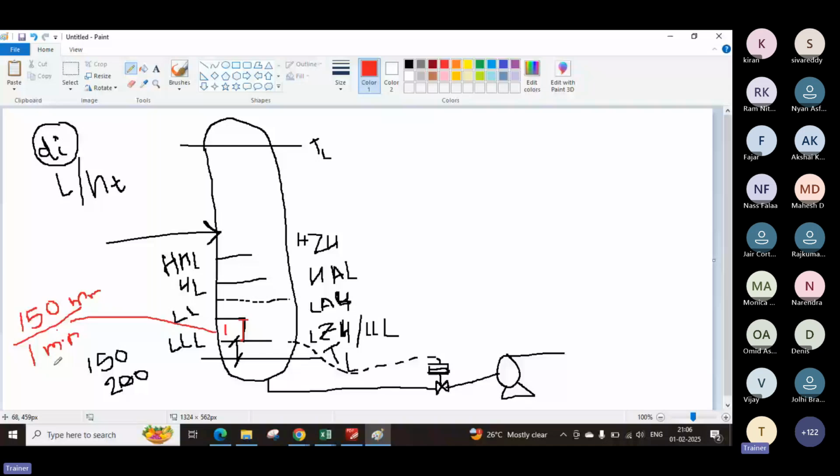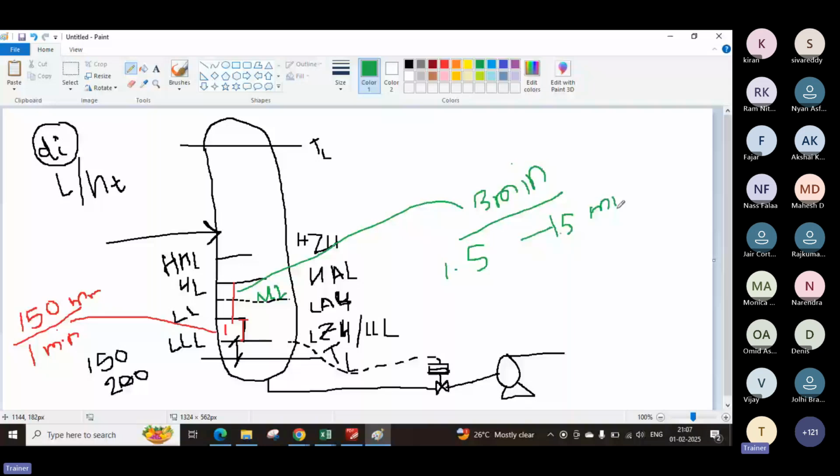This high liquid level to low liquid level is defined as a minimum 3 mm. People will define this 3 mm into high liquid level to this NLL as 1.5 minute, and NLL to low liquid level, that is LAH or LAL, as 1.5 minute.